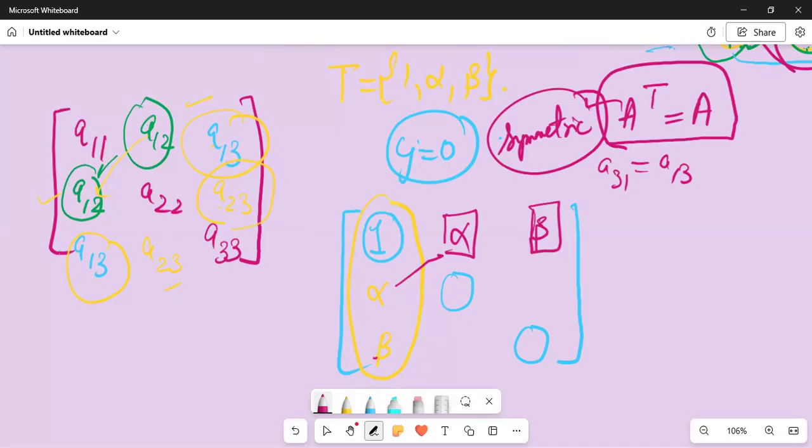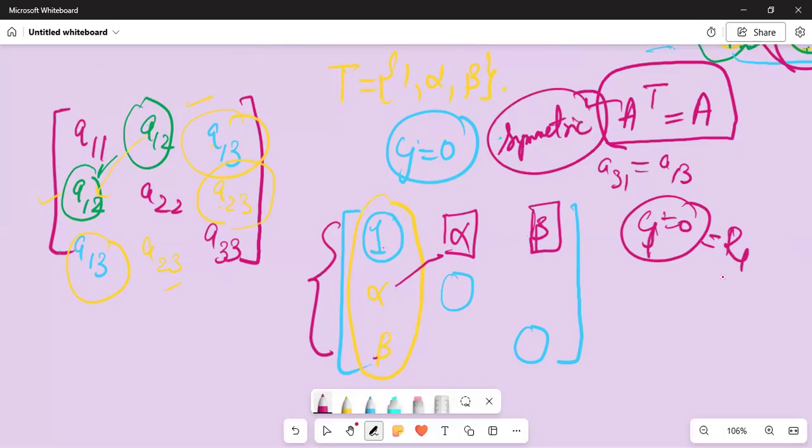So once you chose the elements for your first column, your first row was automatically selected. And since your first column gave you the sum to be 0 and your entries are the same in the first row also, this also gives you R1 to be 0. So Cj to be 0 automatically gives you Ri to be 0 because of the condition of symmetric matrix.